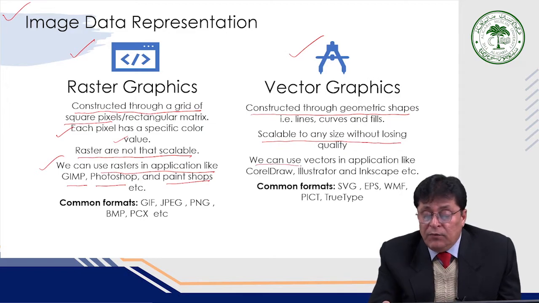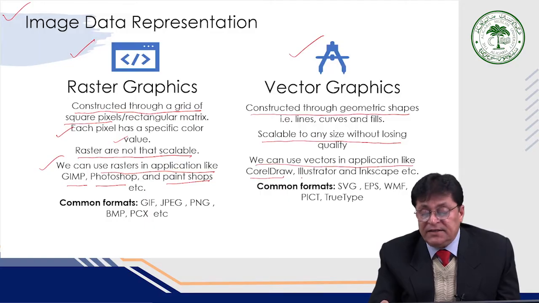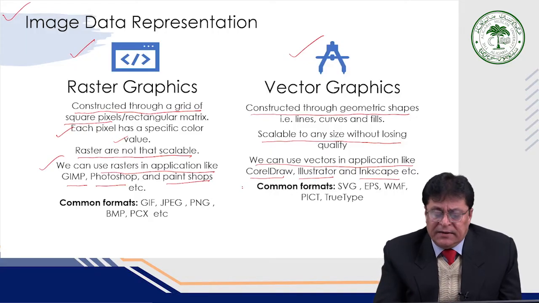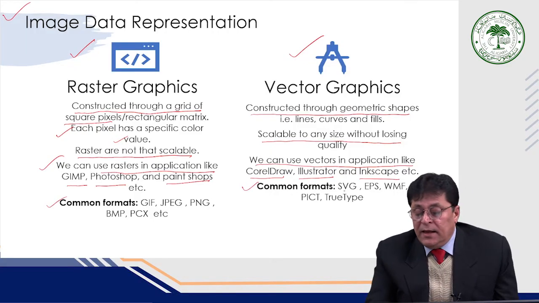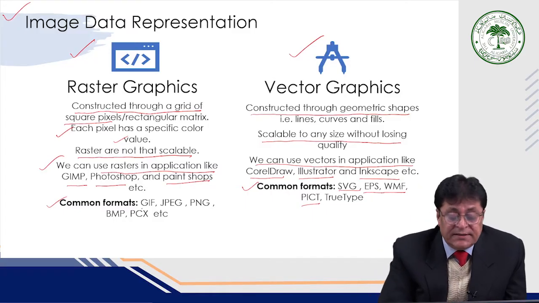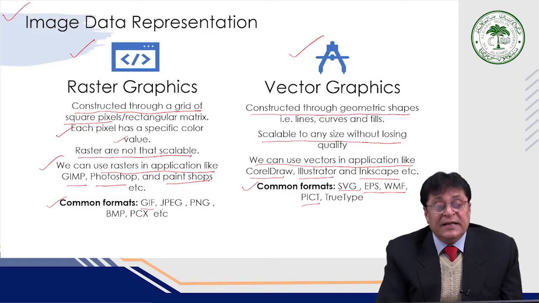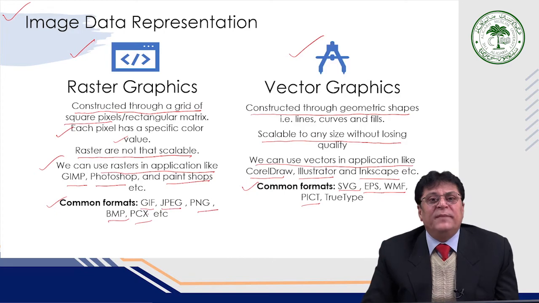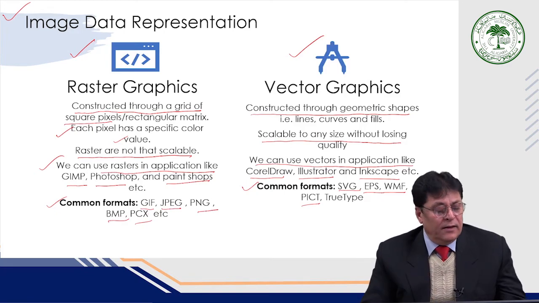And we use vector graphics in applications like CorelDRAW, you must have heard this name, Illustrator, Inkscape. Very popular file formats that most of us know: SVG, EPS, WMF, PICT, these are the popular file formats for vector graphics, and likewise GIF, JPEG, PNG, BMP, PCX, these are the file formats for raster images.